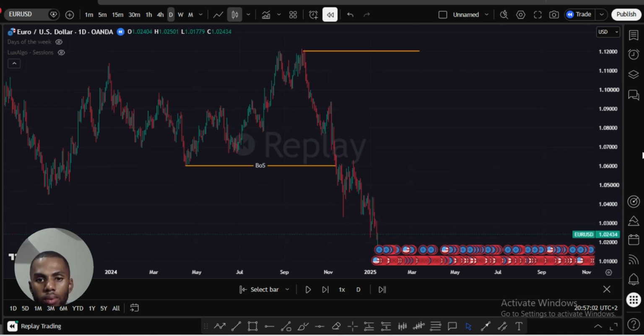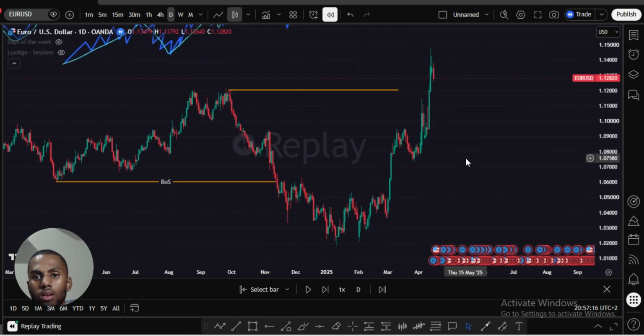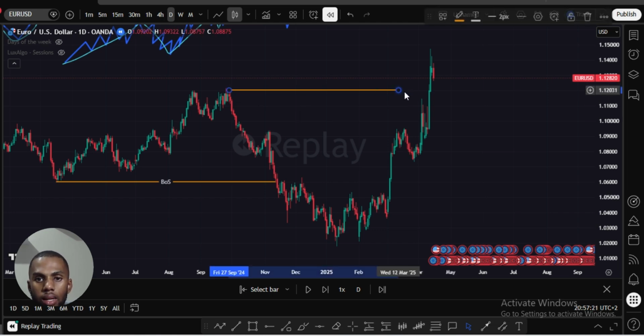Still playing price forward. And then we have an impulse to the upside. Okay, now see what is happening. The market broke this high right here, and we will identify it as a break of structure.